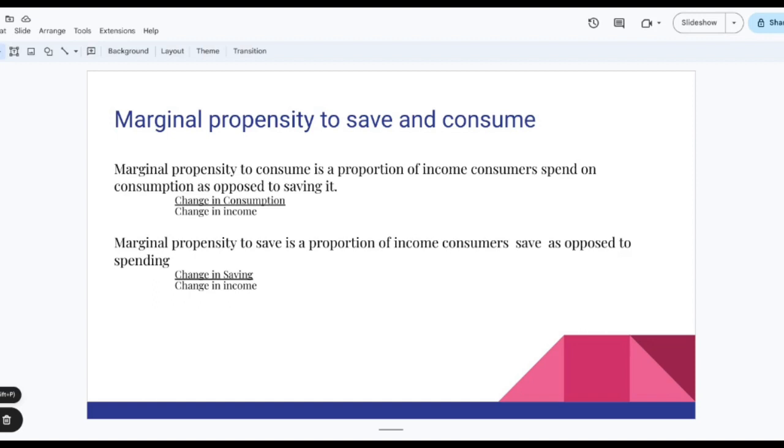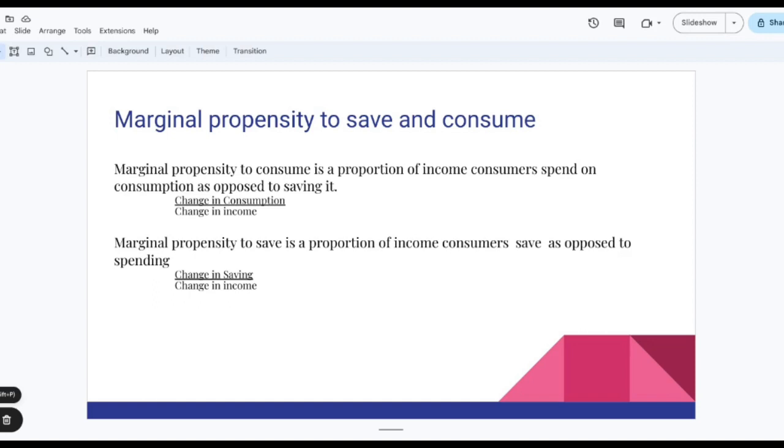Because marginal, once you do econ, you're supposed to know that marginal means variable, or varies, or changes. So the marginal propensity to consume or to save would be the change in something. It would be the change in consumption pattern, how much money you're consuming then and how much you're consuming now, divided by the change in income.